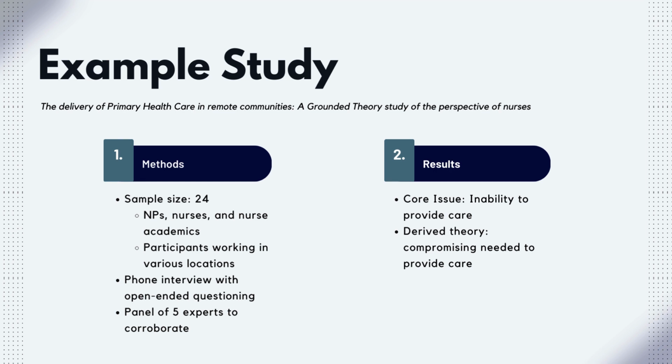One key issue arose from the results, and that was the inability to provide care. This was explored over 4 key themes: the level of clinical knowledge and skill, the availability of resources, the understanding of the social world, and personal support.